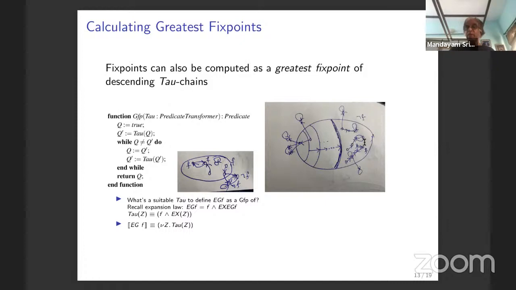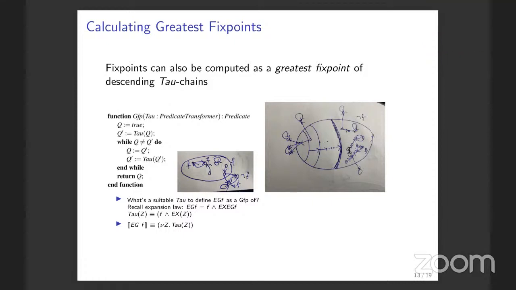Similarly, the strongly connected component with 2 states, with 3 states, all of them satisfy F and Ex of F. And these states that in one or more steps land on a strongly connected component, they also satisfy F and Ex of F.